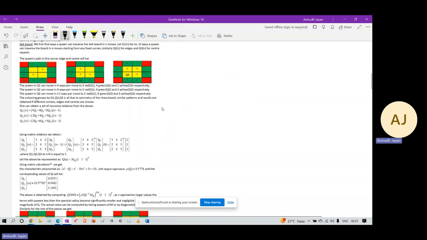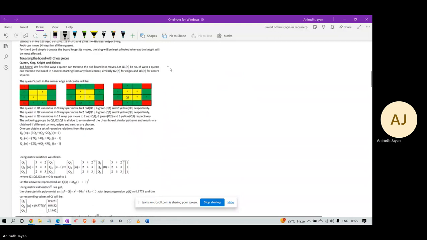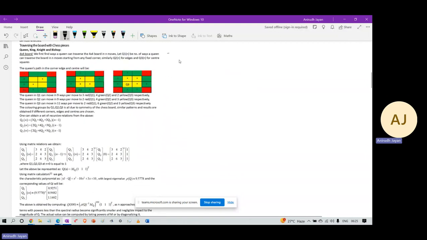Now, let us find the number of ways for a queen in a 4x4 board. First, for a warm up, let's look at a 3x3 board.